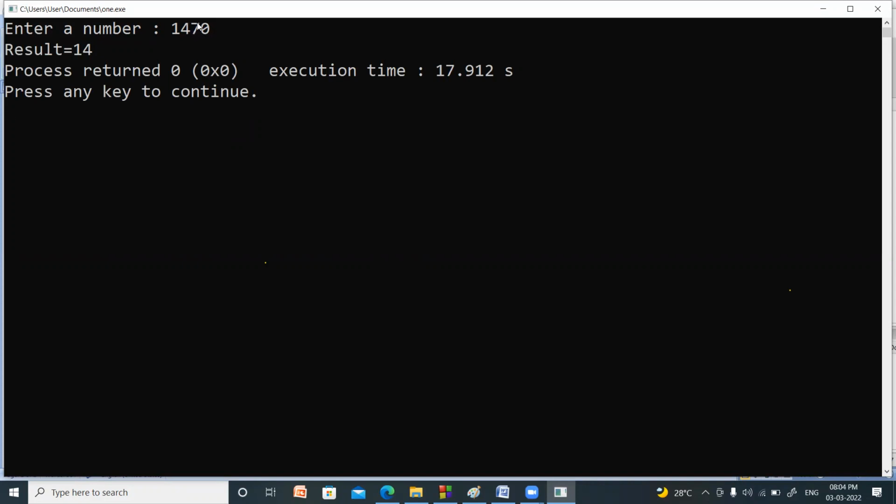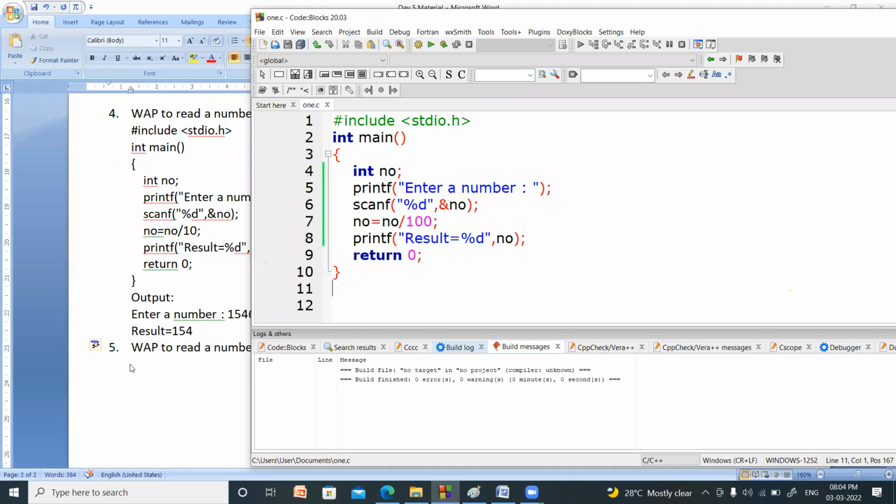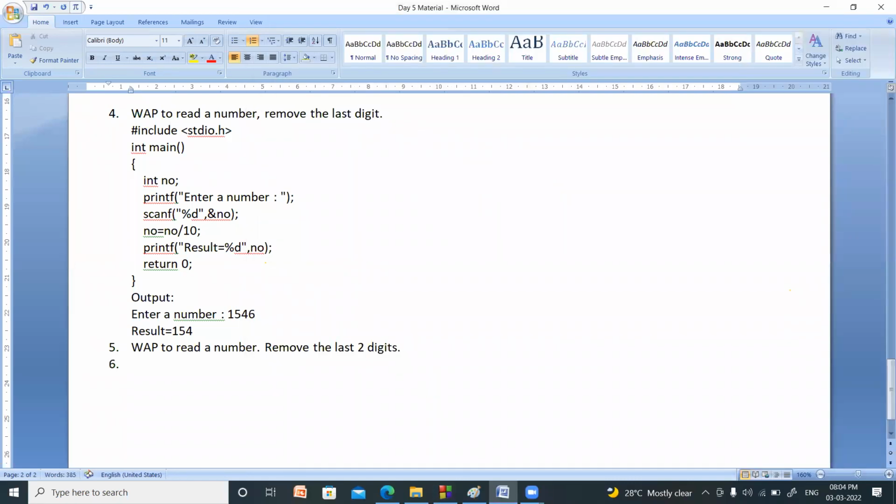Right. So in this way, can I give the next one as a homework program? Is it okay to you? In the 6th program, it is also homework. Write a program to read a number, remove the last 3 digits.